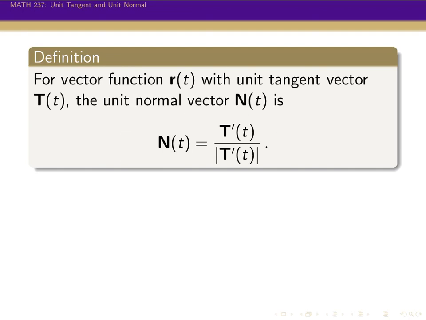Okay, so the next question revolves around, now that we have this unit tangent vector, what happens when we take the derivative of it? And so we're going to do the same sort of trick as we did with T of t and get what we're going to call the unit normal vector, which is you take the derivative of the unit tangent vector and divide by its magnitude to make it a unit vector, and we're going to call this the unit normal vector.